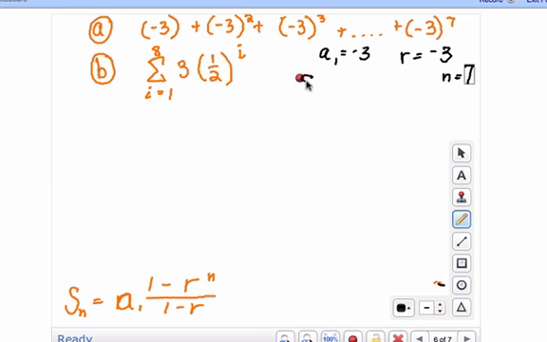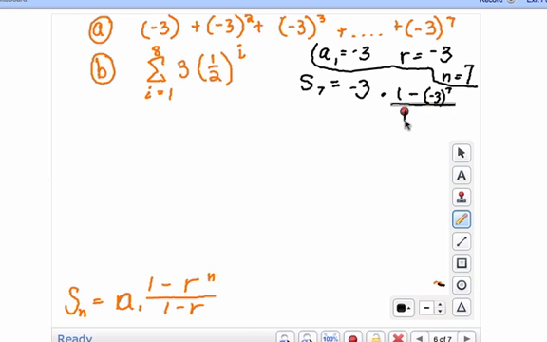We're going to find the sum of the first 7 things in that sequence for part A, and we're going to multiply a sub 1, which is negative 3, times 1 minus r, which is another negative 3, to the 7th power, divided by 1 minus a negative 3.